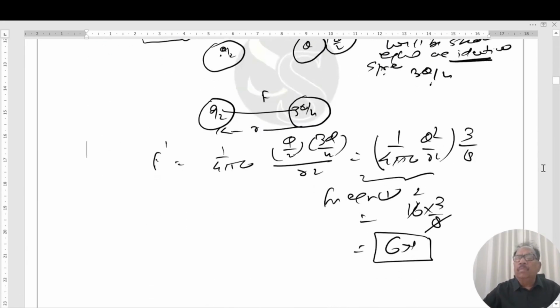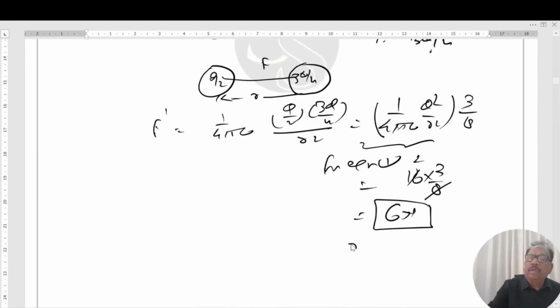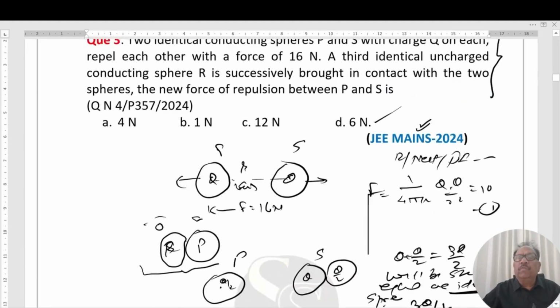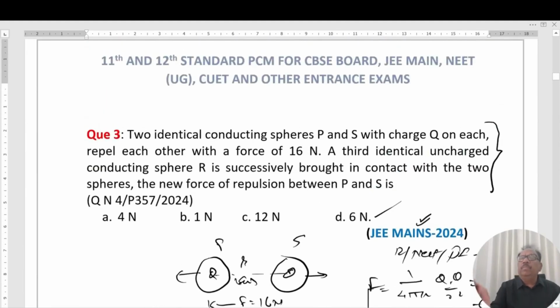Now I will repeat it again. Option D is correct. In this case, sharing of charges was there. Initially, charge Q; if the other is not identical, then it is shared in a ratio, but in this case, identical, so it will be equally shared.